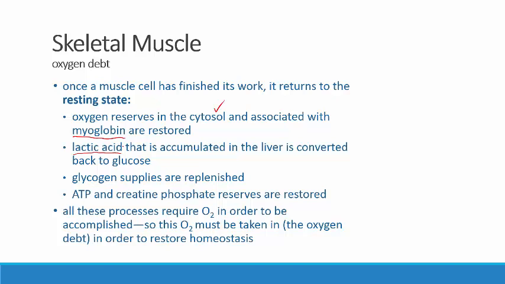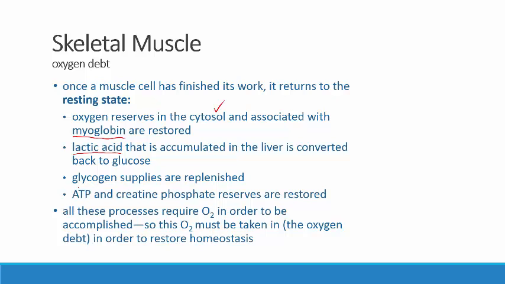Now that also requires ATP, as you recall, but with a little ATP, we can take all of that lactic acid that wasn't fully metabolized and restore glucose so that we can still get energy from those molecules.